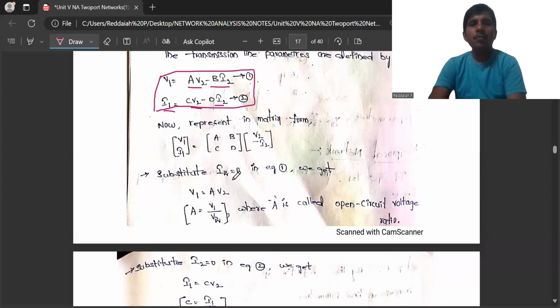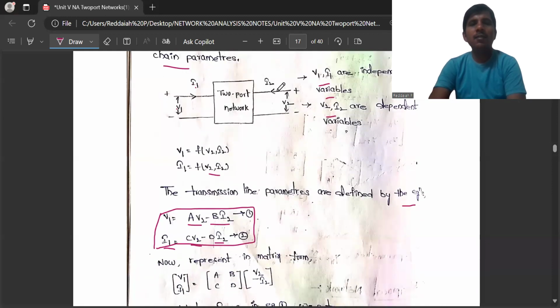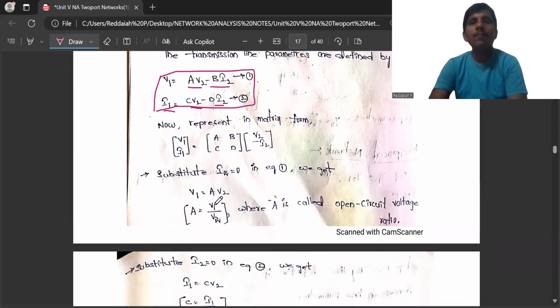Substitute I2 equal to 0 in equation 1. I2 equal to 0 means the output port is open circuited. Then V1 equal to A V2, so A equal to V1 by V2, where A is called the open circuit voltage ratio.